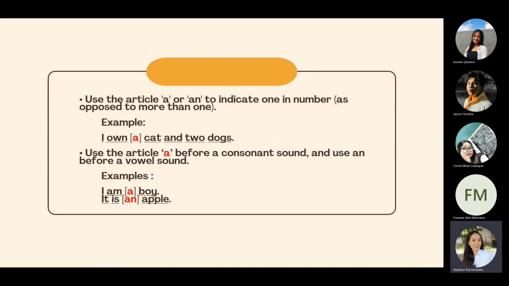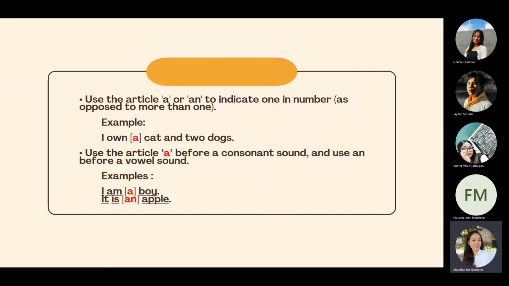Another one, we use article a or an to indicate one in number. I also have an example here, I own a cat and two dogs. Next one, use the article a before a consonant sound and use an before a vowel sound.